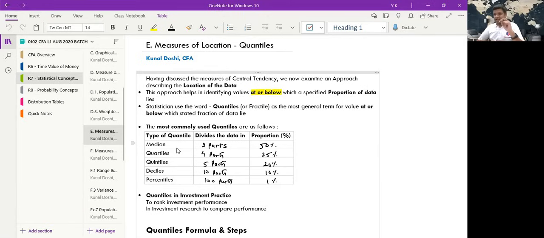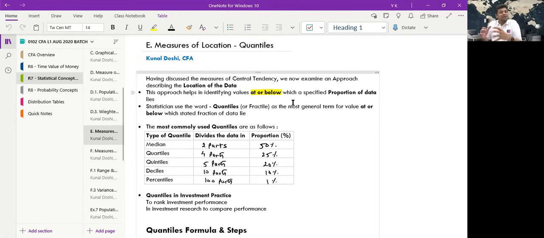If I say 2 quartiles, it also means the median. Got it? Similarly, 20th percentile also means 1 quintile. Got it? And when I say 25th percentile, it means 1 quartile. When I say 50th percentile, it means the median.